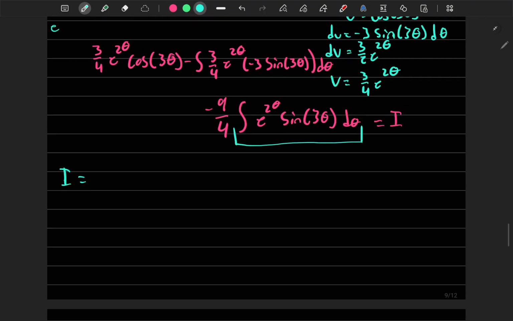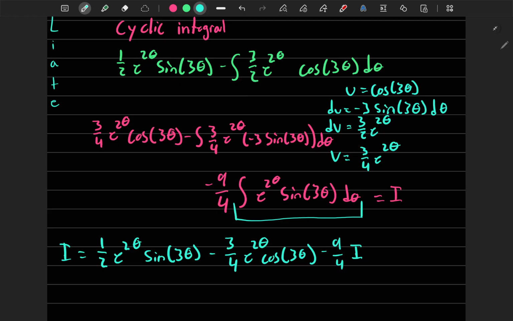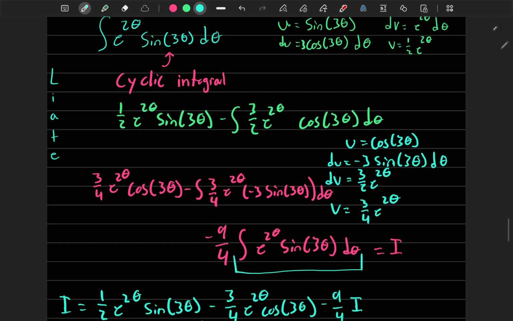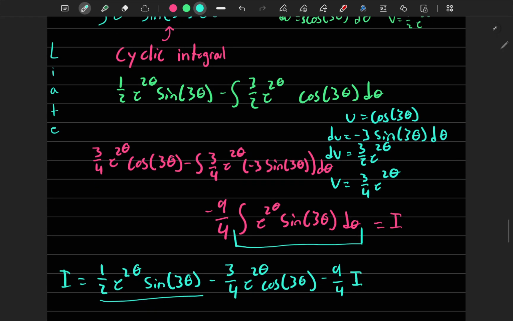So now we're gonna take our three parts that we've solved for and put it all together. So I'll be back in a second. Okay, so we get our minus 9/4 I, obviously from this bottom part here, and this middle term here, we got it from this part right up here, and our very first term was from that first time when we took that first integral.